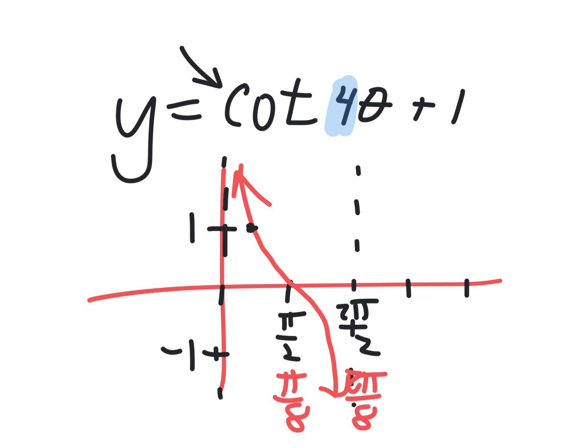My curves are never perfect on that, but I would accept that from you on the test. And then that is where it hits 1, and that's where it hits negative 1. And last but not least, this plus 1. Everything needs to move up 1, and you know how far 1 is. If all you did is go up a little bit, no. Look, we know that that's how high 1 is. You have to move it that far.